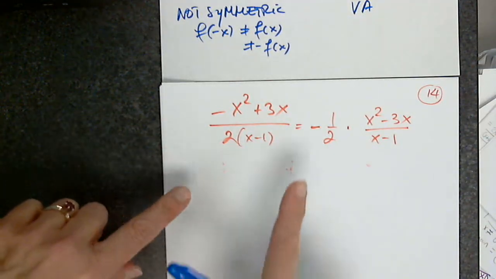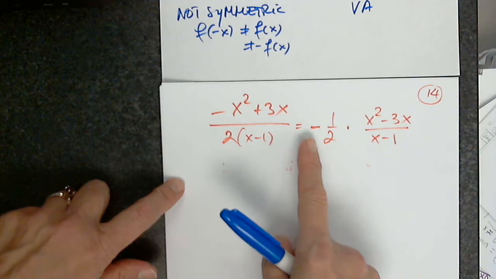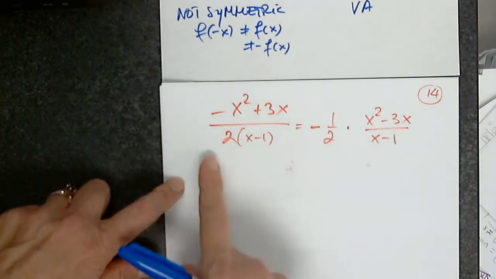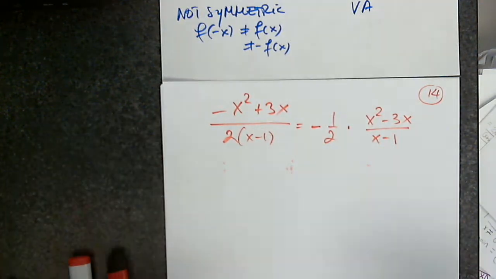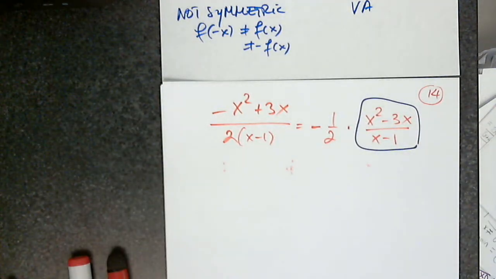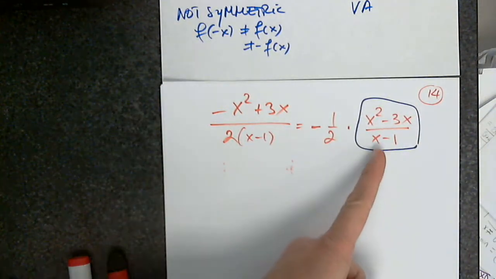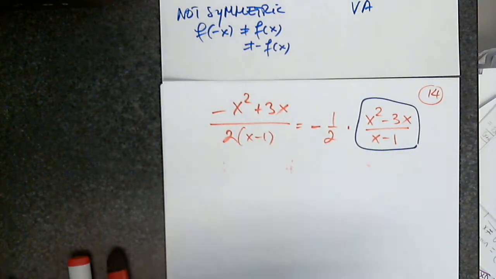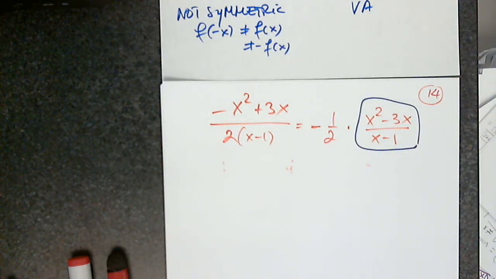So are they the same? Yes. Negative x squared plus 3x and 2 times x minus 1. I'm going to use either long division or synthetic division on this. And then I will incorporate the -1/2. I will multiply it. So what would you like? Would you like to do long division on x squared minus 3x over x minus 1 or synthetic division?